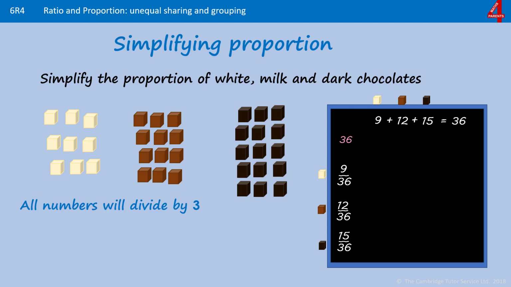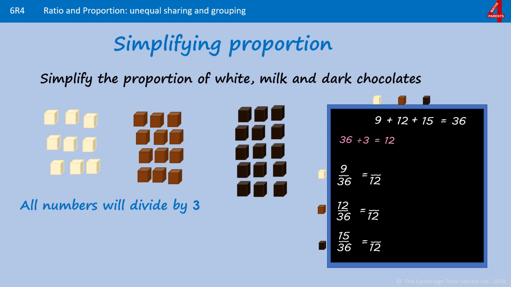If we look at the total, 36, and divide it by 3, we have 12. So we can put all of these over 12, and that will give us a simplified proportion. We've divided 36 by 3 to get 12, so we're going to divide each of the numbers on the top, the numerators of each fraction, by 3 as well.